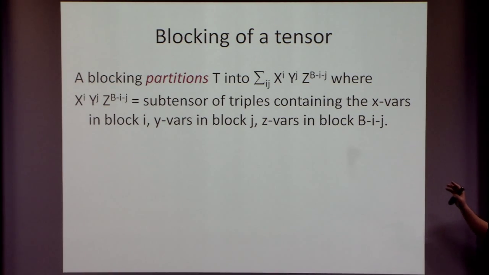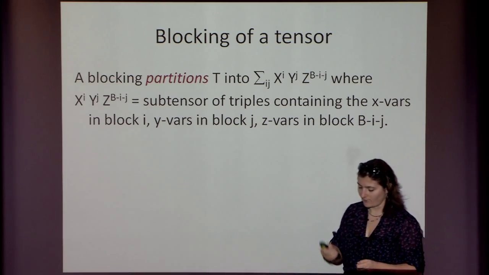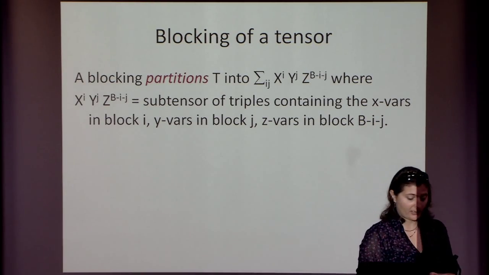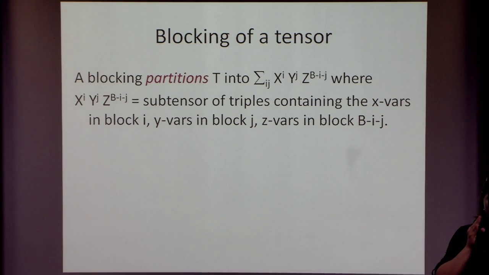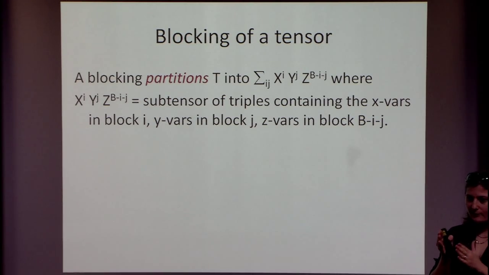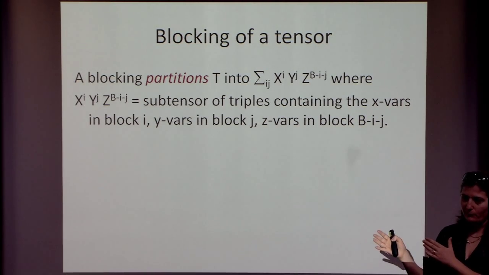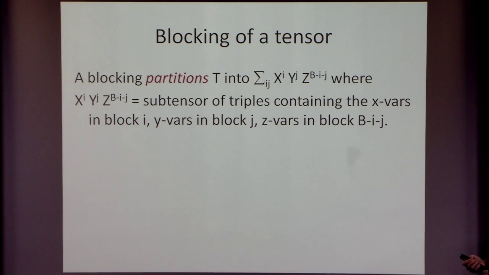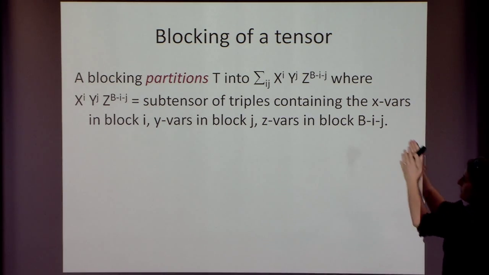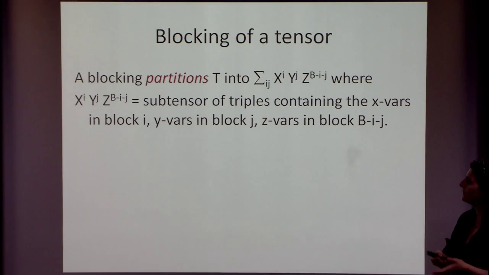So in particular, we look at the subtensor that corresponds to the triples that have the x variables in block i, y variable in block j, and z variable in block k, where k is b minus i minus j, and maybe we can analyze these subtensors much more easily, and then worry about removing shared variables after that.